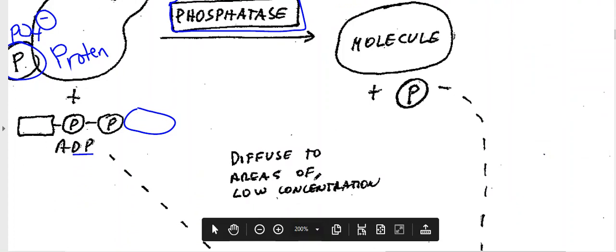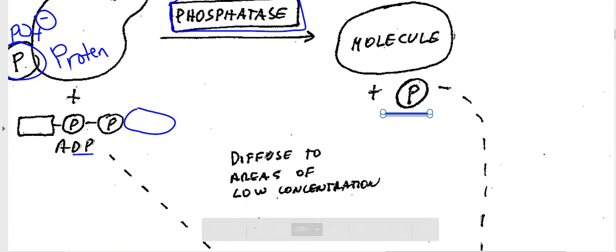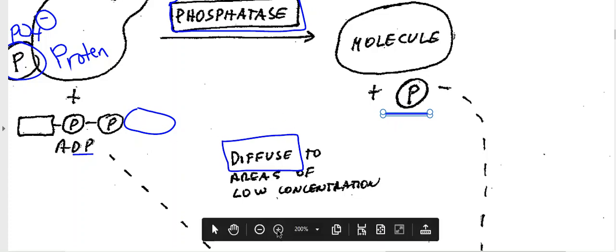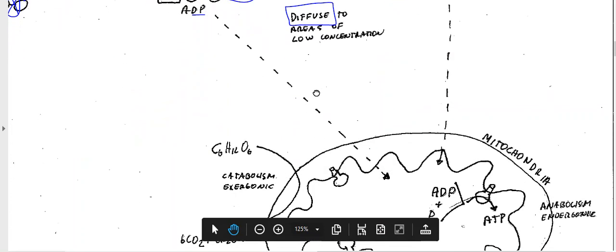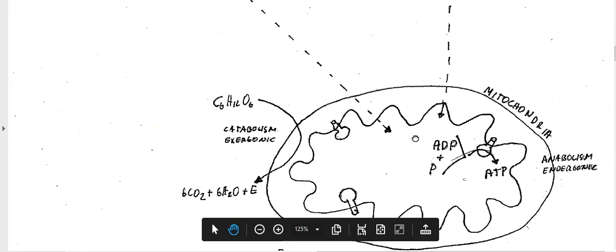Because this is all happening in the cell, you are going to build a higher concentration of both ADP and free phosphate groups in the cytoplasm, and they will diffuse. They will diffuse from a high concentration in the cytoplasm to a lower concentration in the mitochondria.